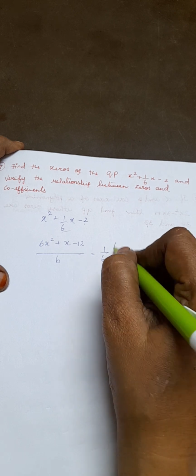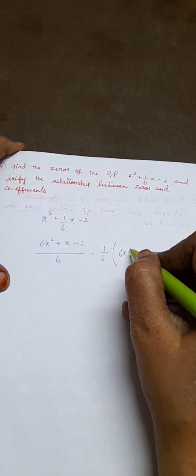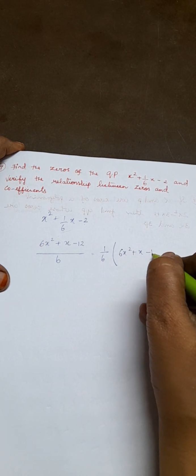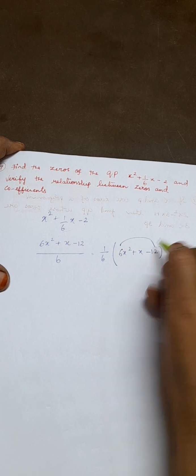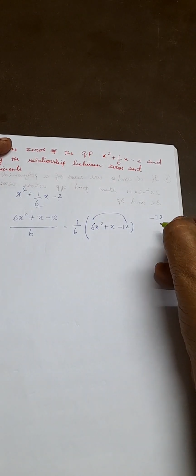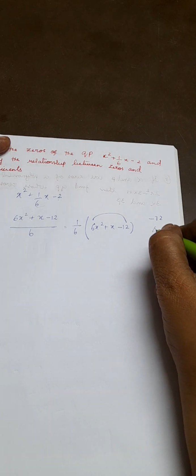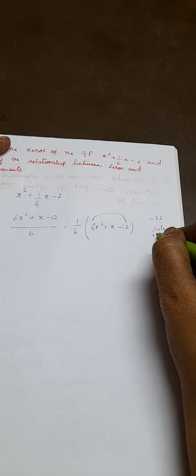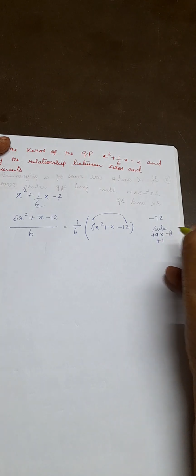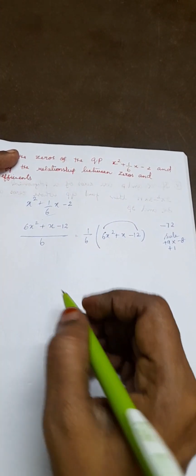By 6 will come, you can take 1 by 6 out. So what I will get? 6x square plus x minus 12. So when you multiply, you should get minus 72, right? When you multiply, what you should get? Minus 72. And when you subtract, you should get 1. So clearly we know that plus 9 into minus 8. Plus 9 into minus 8, right? Now I am going to apply it here. So shall we apply it here? Yes.